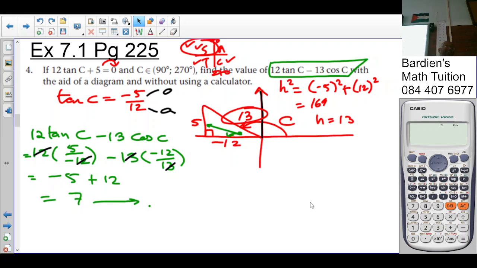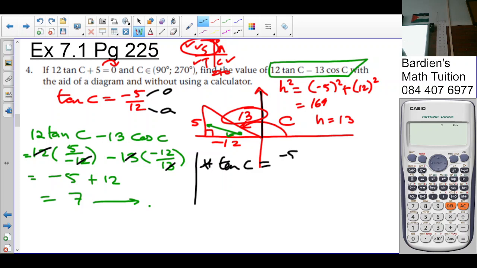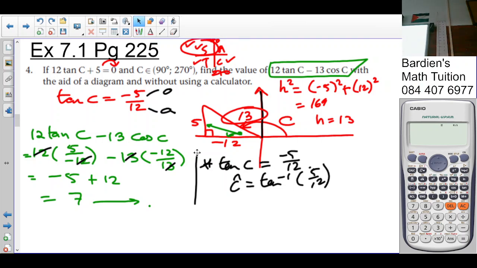The reason also why they tell you, I can get 7 out. Let me show you quickly something with the calculator. If you work out tan C is equal to negative 5 over 12, then angle C is equal to arctan of 5 over 12. This is now when I want to work out the angle, so I'm dropping the negative there.